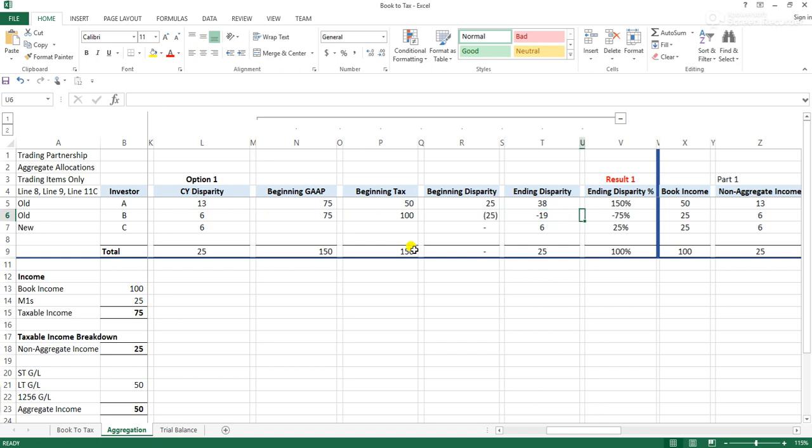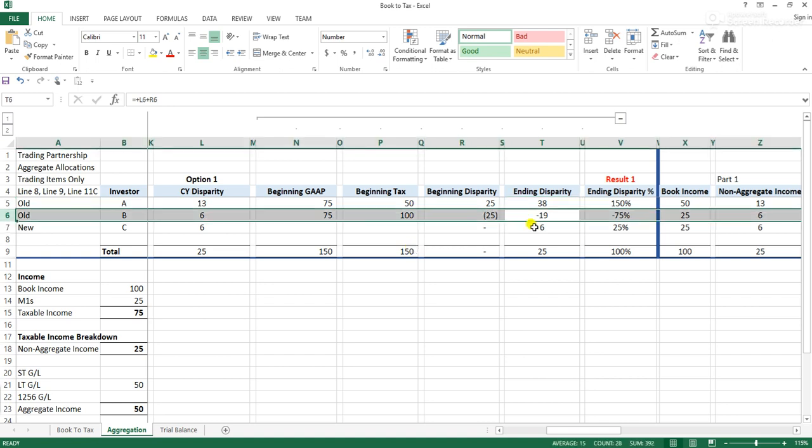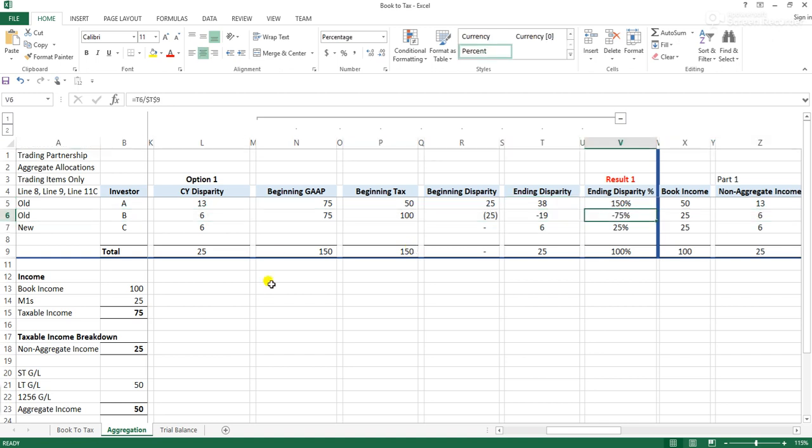So in a situation like this, where we have 2 investors that have positive disparity and one who has negative, we go through the pattern of how to allocate the aggregate, or the 704C income, which in this case is $50 of long-term capital gain.